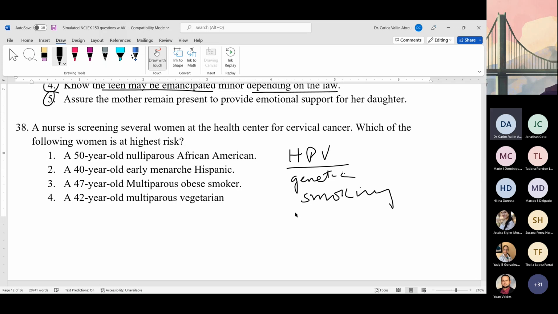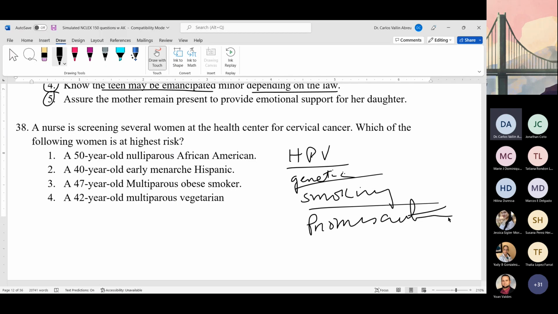Those are the three. Early sexual activity, promiscuity without protection. So multiple sexual partners, early age activity, not using barrier methods, but it's not mentioned there.